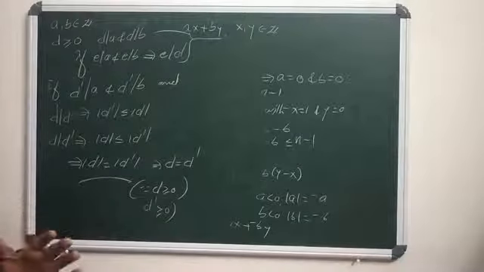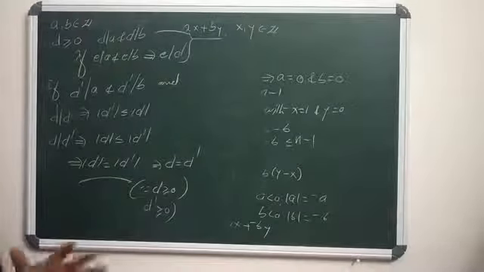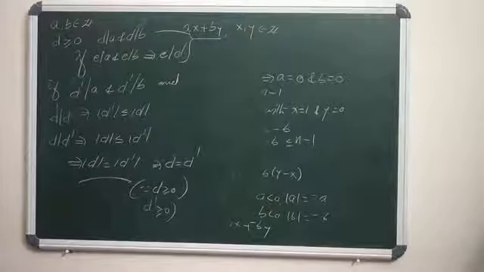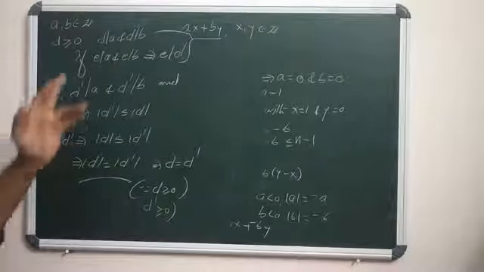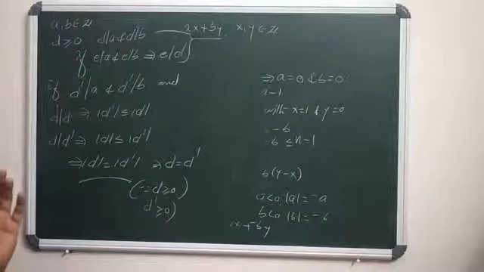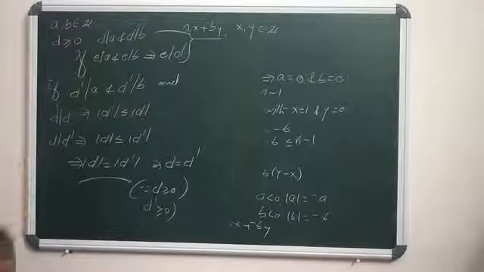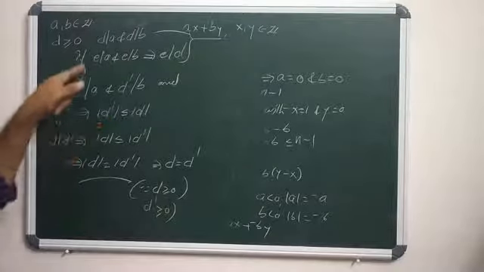So our conclusion is, if D is the common divisor of A and B, then D is greater than or equal to 0, there exists only one such D, which satisfies the conditions D divides A and D divides B, and if E divides A and E divides B, then E divides D itself. The proof is in this way.